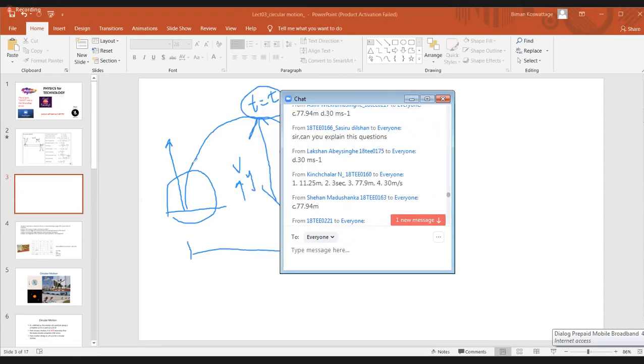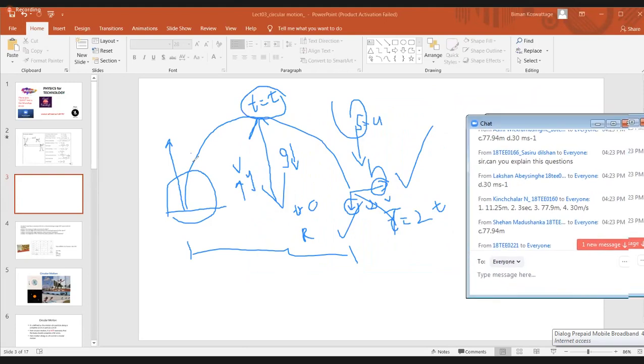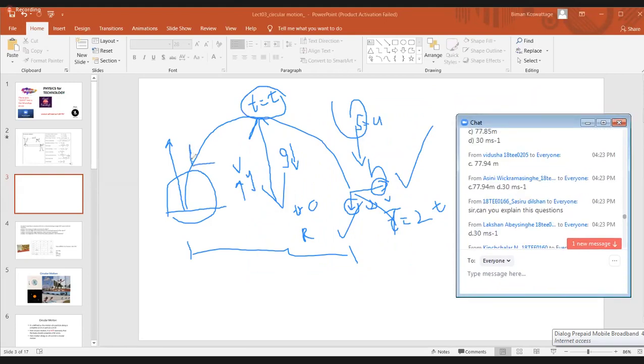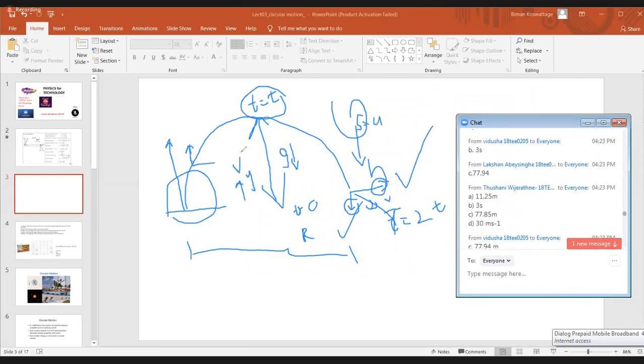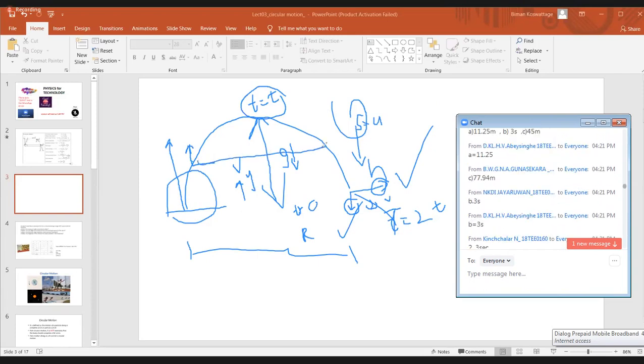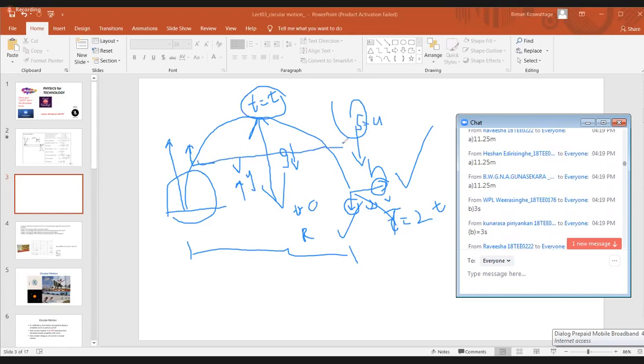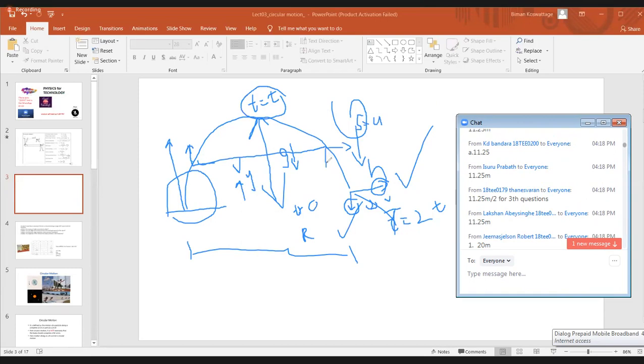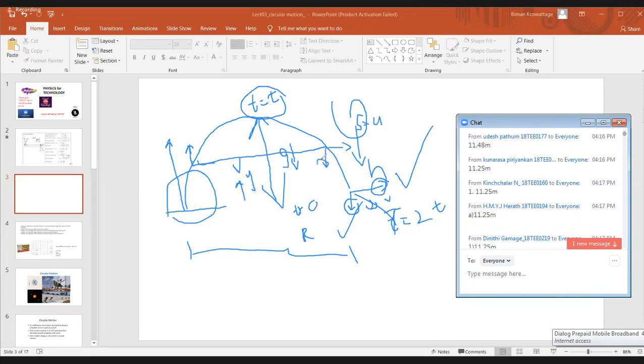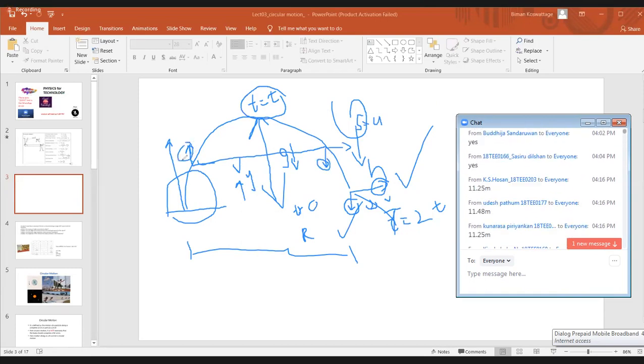Everywhere only the direction is changing. Here velocity is not changing, here velocity is decreasing. So you have the same situation in this particular position. So only the direction is changing, right? The value is the same. So this is what is happening.